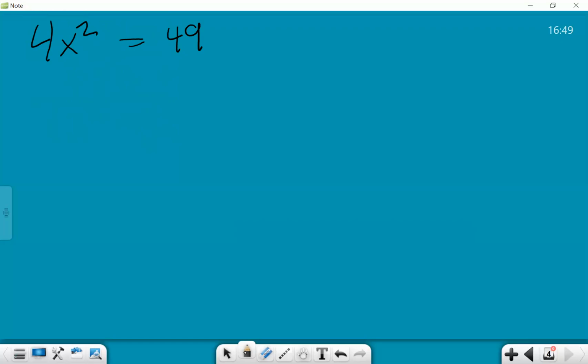So let's get the x squared by itself. The 4 is attached by multiplication. So to get rid of it, I'm going to just divide it away. That's going to leave me with x squared equals 49 over 4.